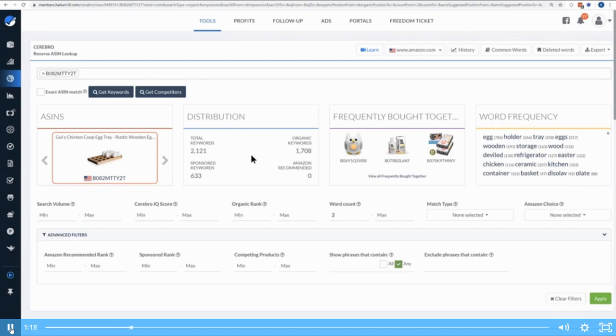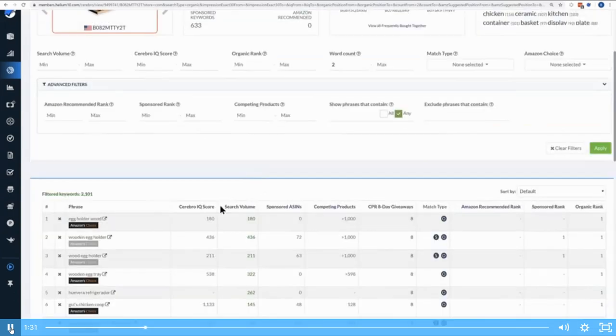We had the most historical data out of any tool on the market from when Amazon was making this information public. Because of that, even when they shut off that data point showing us the search volume, we were able to develop an algorithm that can accurately estimate the current search volume based on current trends and that historical information.